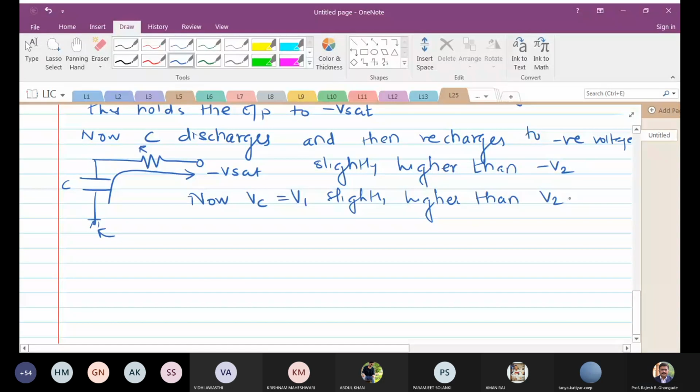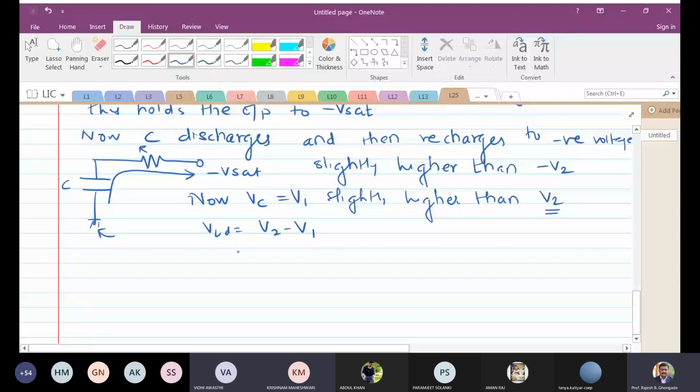Means what? What is this condition? If the capacitor voltage, which is equal to the voltage at the inverting terminal, is more negative with respect to V2, what is going to happen? We've already said VID is V2 minus V1.